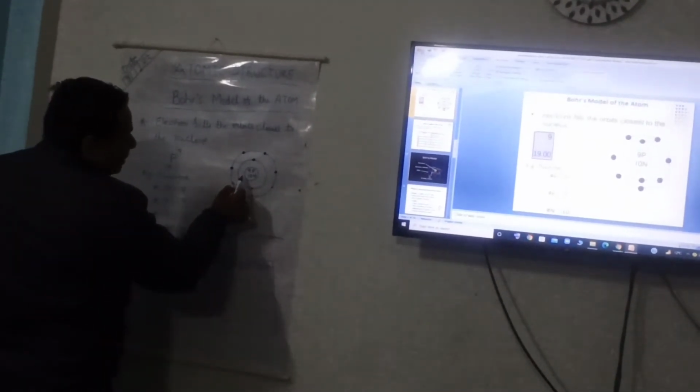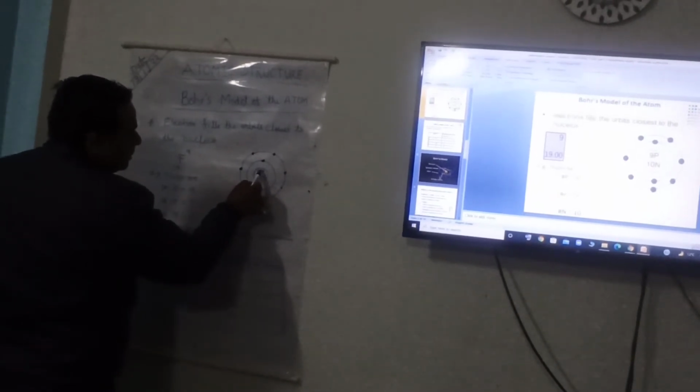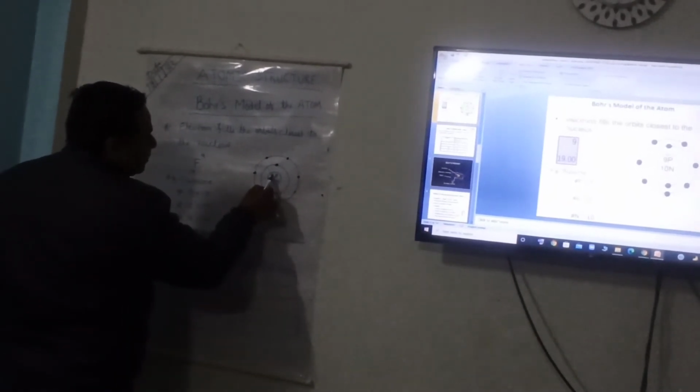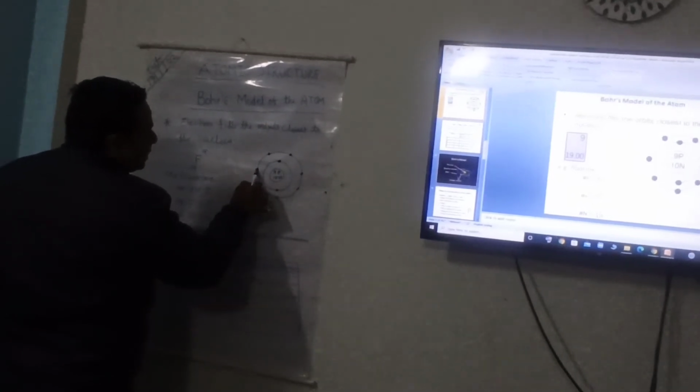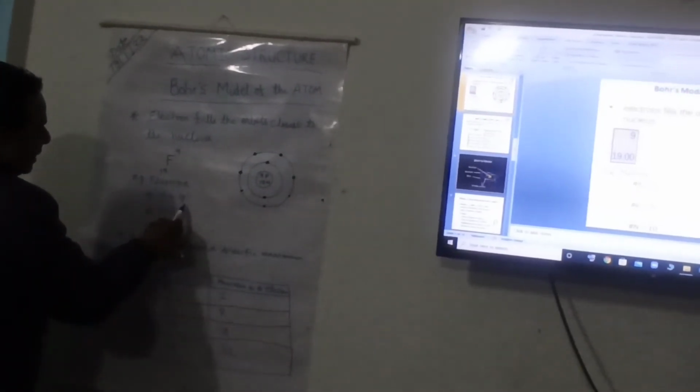Atomic mass is the number of protons plus the number of neutrons, and the electrons move around the nucleus in a circular orbit. So in fluorine, protons are 9, electrons are 9, and neutrons are 10.